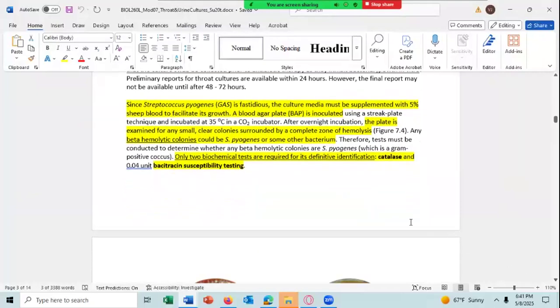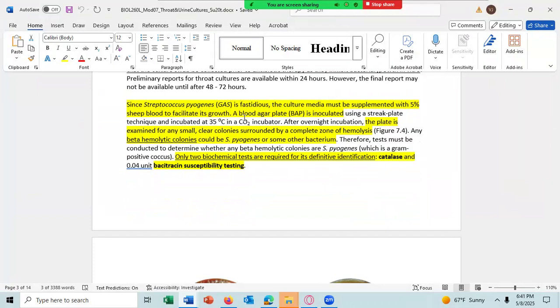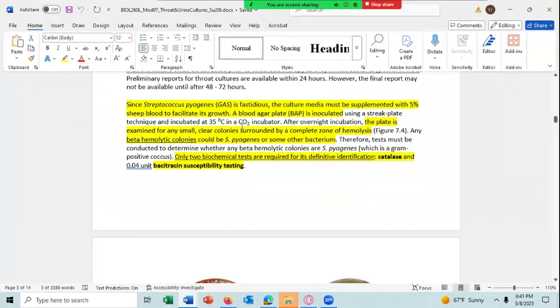Streptococcus pyogenes, or GAS, or Group A Streptococcus, is a fastidious organism, meaning it will not culture on a general purpose media. So you have to grow it on an enriched media, such as blood agar, where the blood cells supply the nutrients that Streptococcus pyogenes needs before it'll grow.